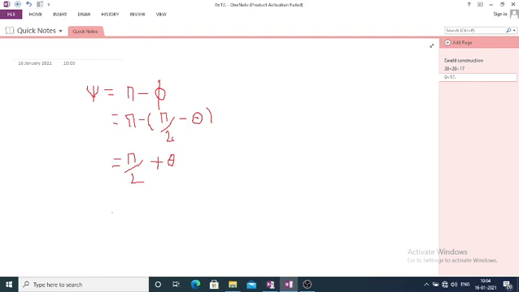Now it should be written here. The dot product of K and G is equal to KG cos psi.